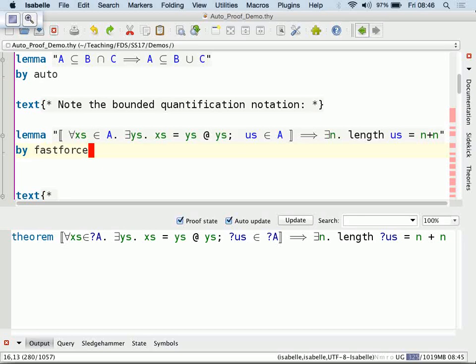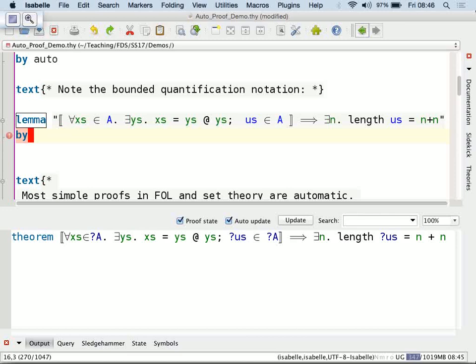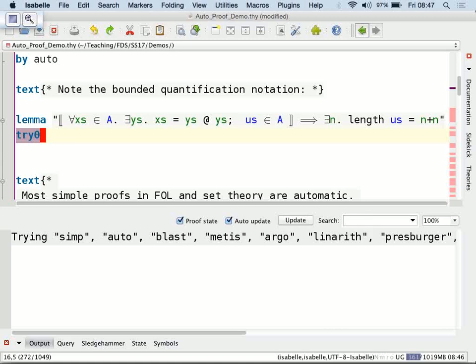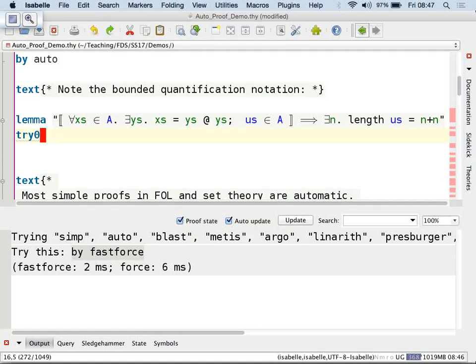Now, if you are wondering, do I have to try all of them? First try auto, and if that doesn't work, try fast force. There is a little trick here, or rather a little useful command. You can type try0, and then it'll try a range of basic proof methods, and it'll then tell you which of them succeeded, and will suggest that you should try this one. So this is quite helpful.